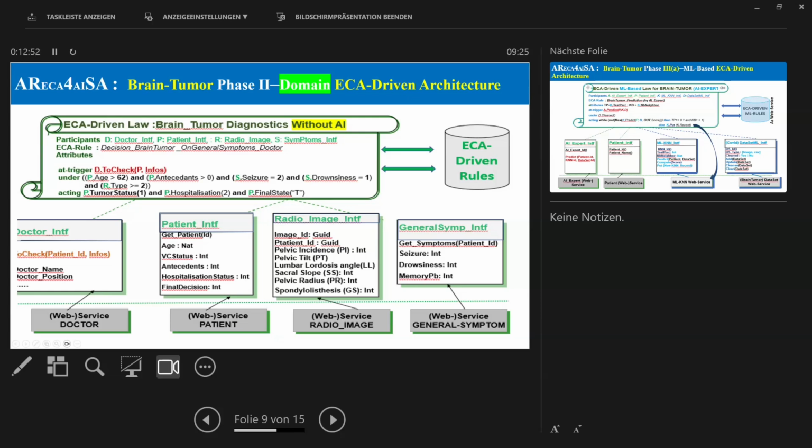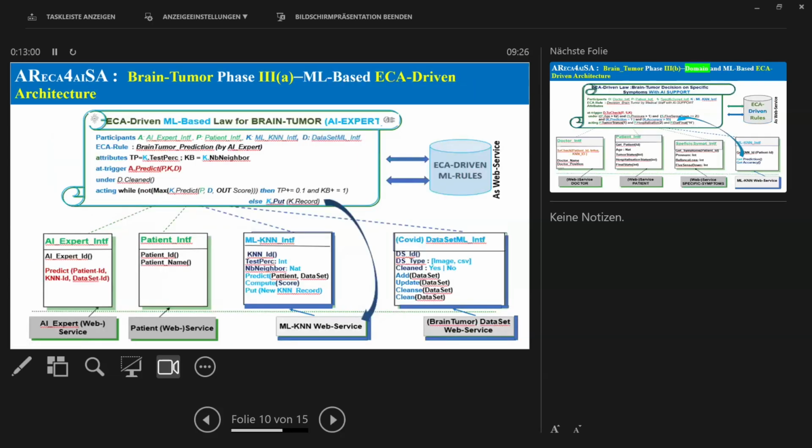So this is the usual domain side. Now, the machine learning side. We have now the blue one, the KNN algorithm with what we need: predict, compute, and the COVID or tumor data sets, sorry.